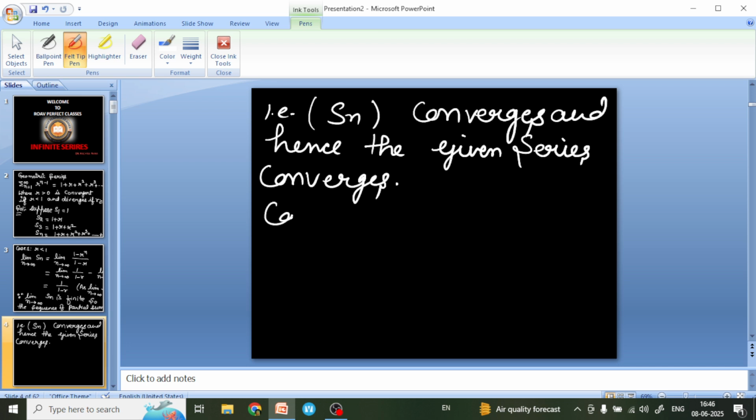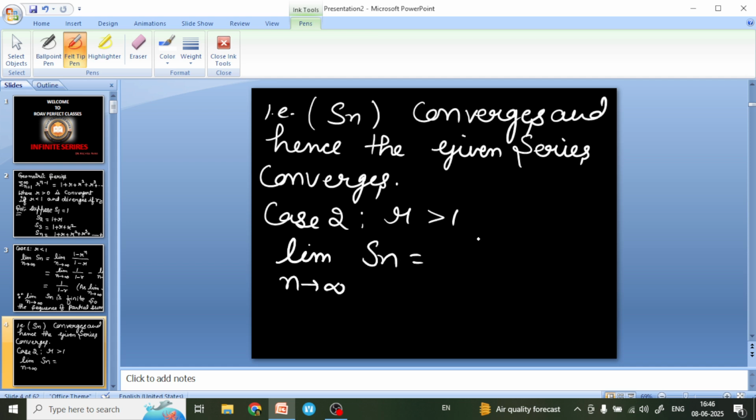Now case 2, r is greater than 1. Take again limit n to infinity of Sn, which in this case we write as limit n to infinity of (r raised to power n minus 1) over (r minus 1).